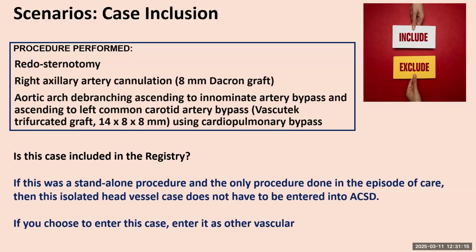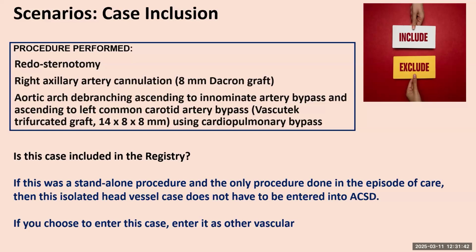Okay. So if this was a standalone procedure, the only procedure that you're doing in your episode of care, then this isolated head vessel case does not have to be entered into adult cardiac surgery. I mean, they're basically doing vascular bypasses here on the innominate and the carotid.